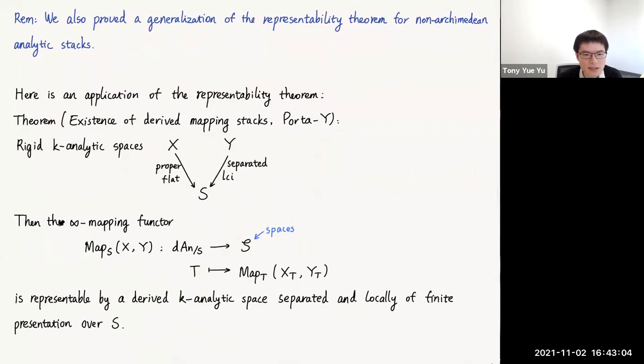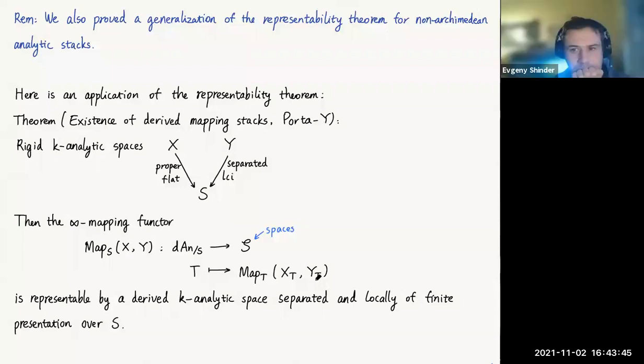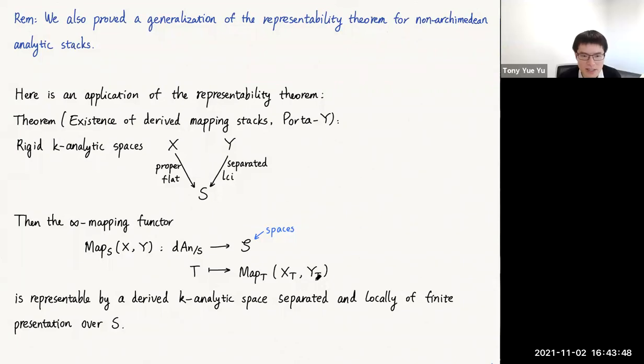Then we have the infinity mapping functor, Map from X to Y over S, which is just given by the usual formula: for any T over S, the value of this functor on T is given by the mapping space from the base change X_T to Y_T in the infinity category of derived analytic spaces.